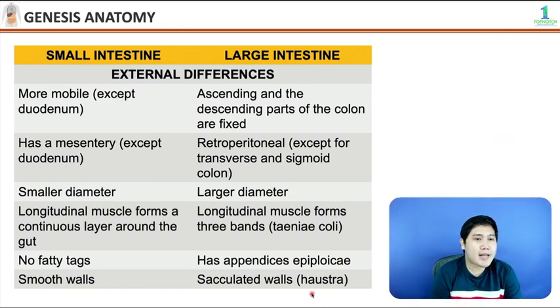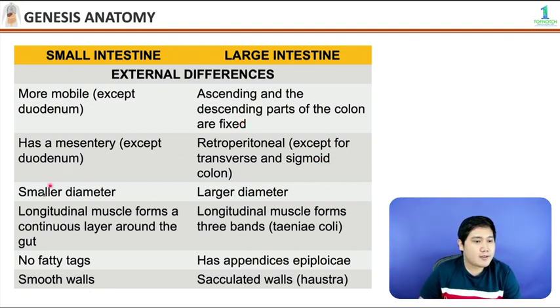Now let's try to differentiate the large intestine versus the small intestine. Externally, your small intestines are more mobile and have a mesentery. Most parts of your large intestines are fixed and retroperitoneal, except for some parts.